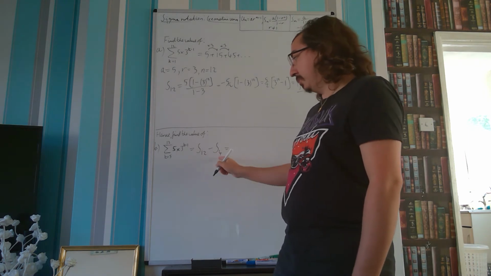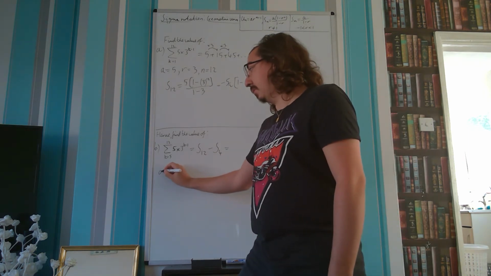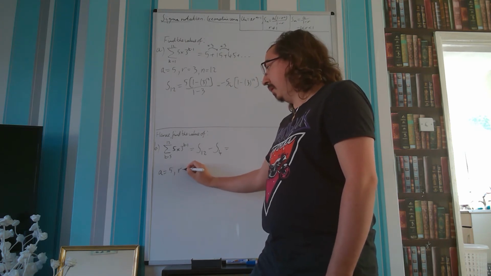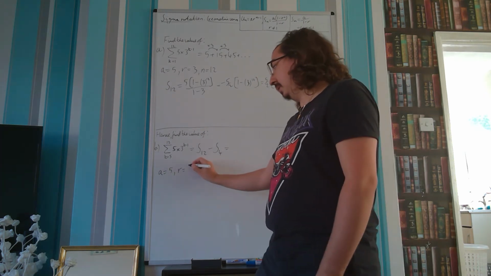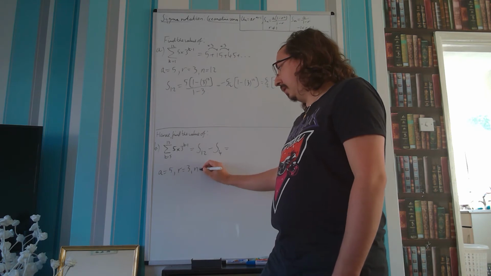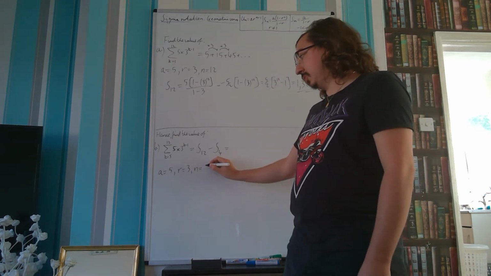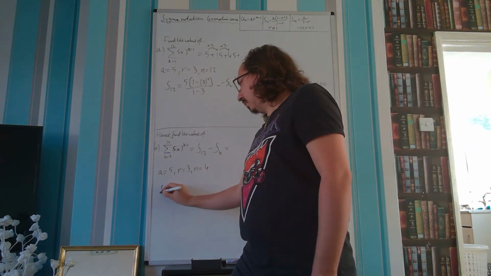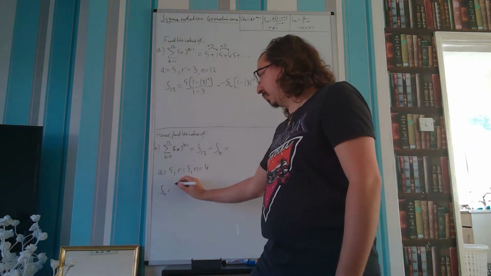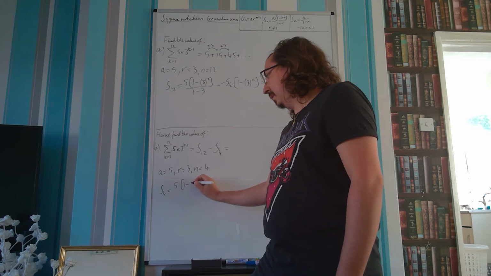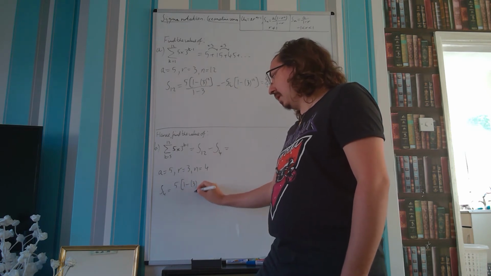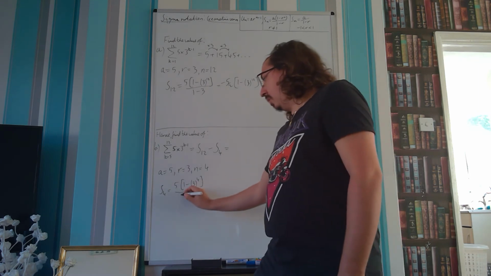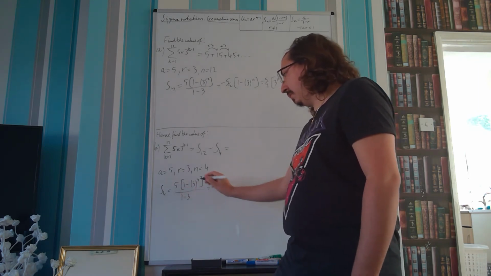So we need to find the sum of the first 4 terms, so let's set out our values. A is still the same, that is 5. Our common ratio hasn't changed, so that's still 3. And this time our n value, because the sum of the first 4, is just 4. Sum of the first 4 terms, if we substitute in, we have 5 times 1 minus r, which is 3 to the power of n, which is 4, over 1 minus 3.